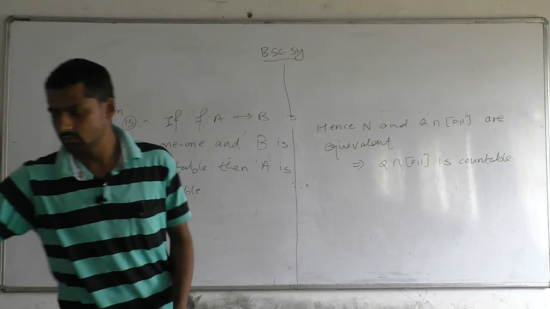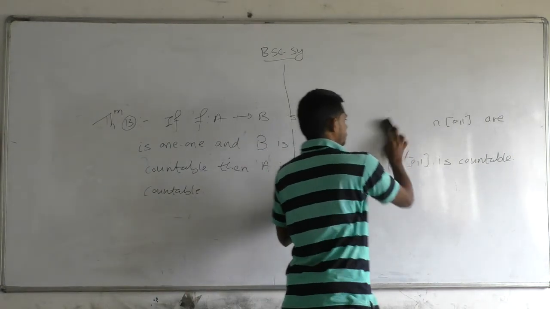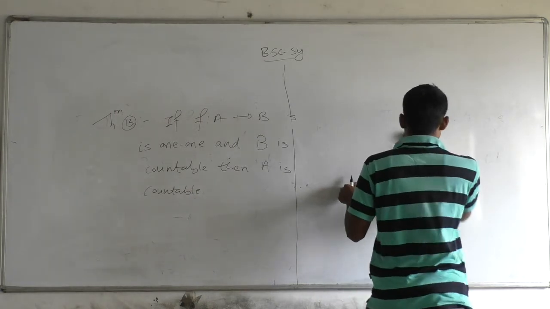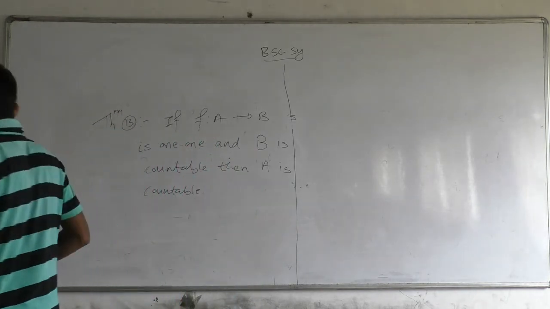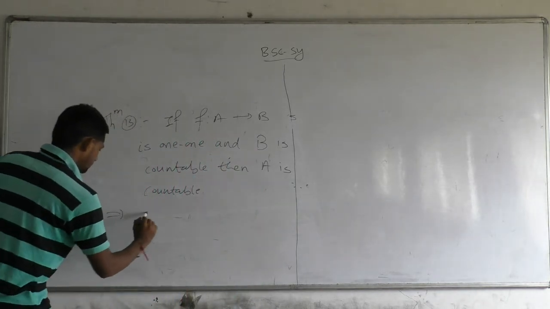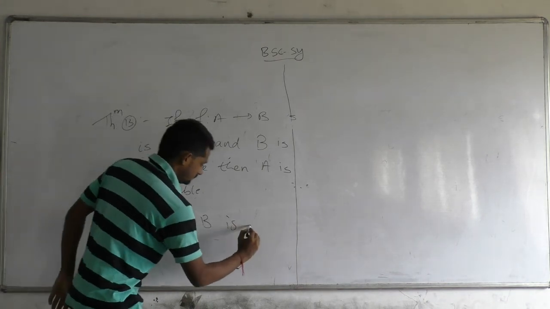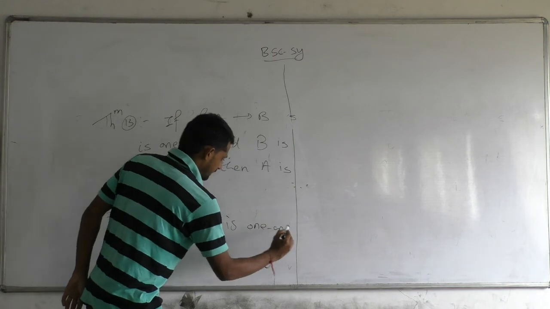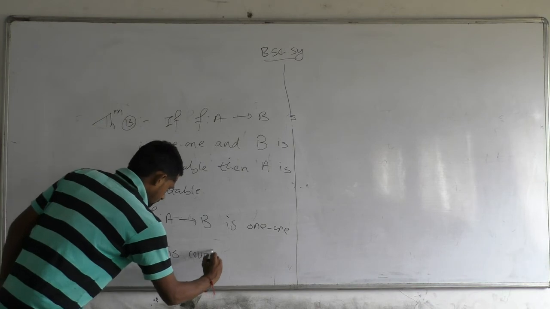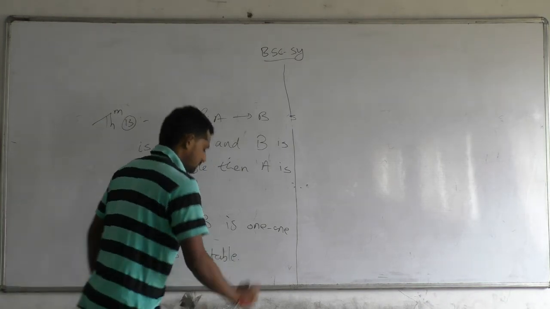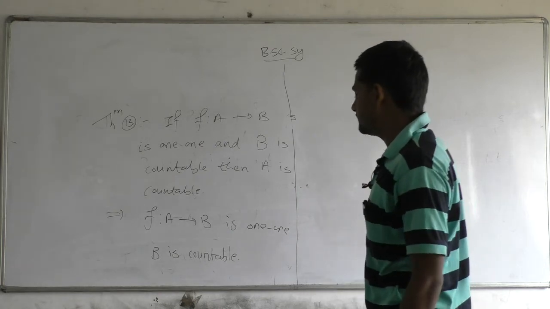This theorem we need to prove. Given that the function f from A to B is 1-1 and given that B is countable.